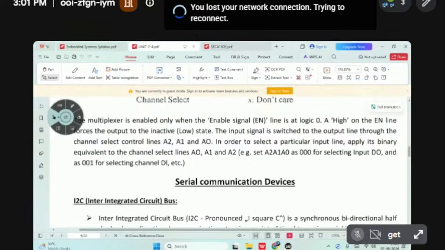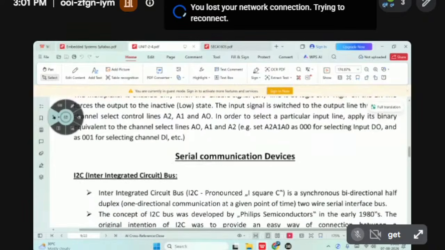Right. After this, we have the concept of serial communication devices, right? So we have the concept of the integrated circuit. Integrated circuits are built with the help of lakhs of resistors, right?